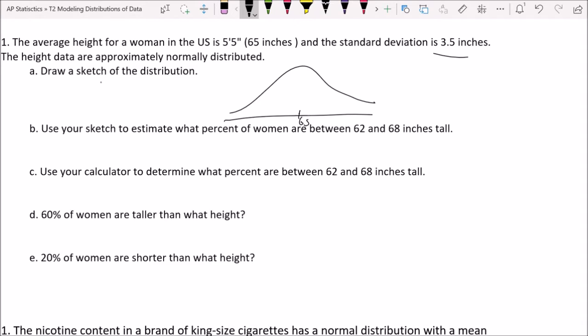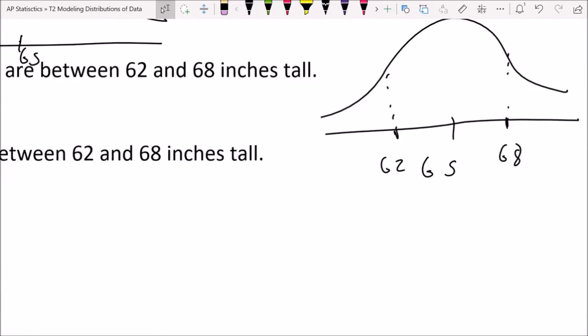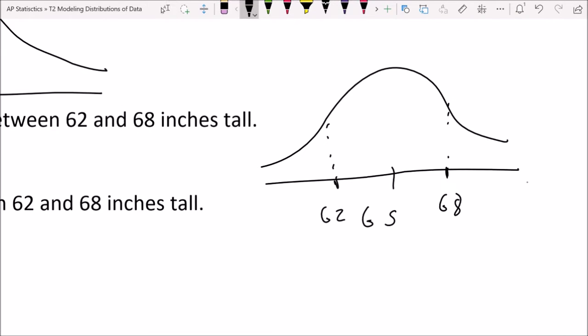So use the sketch to estimate what percent of women are between 62 and 68 inches tall. And guys, I'm going to draw a new picture for each one of these. So 65 is right here. And you know what's interesting? They said use your sketch. It didn't say use the calculator. Interesting. So 68 and 62, and I'm going to draw those in. And you know what I noticed right away is that this distance, and I'll put it here in red, this distance here is a distance of 3 from either side.